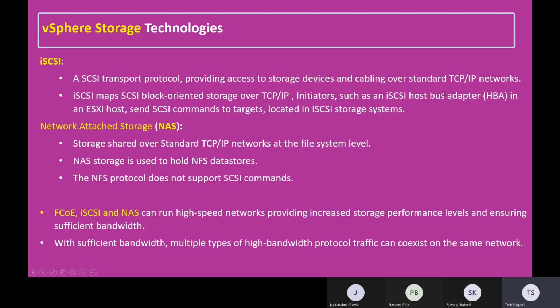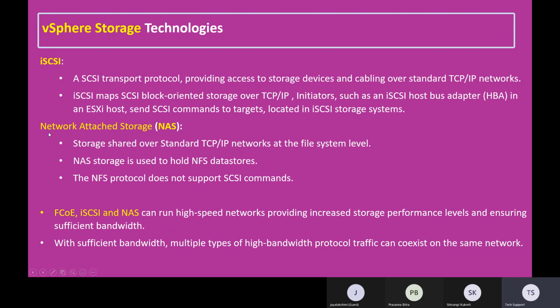To connect our iSCSI storage, as I mentioned, we require an iSCSI HBA card in an ESXi host, which sends SCSI commands to the target. Target means our destination iSCSI box, located in the iSCSI storage system. This is about iSCSI.